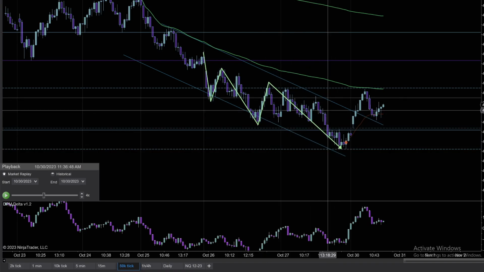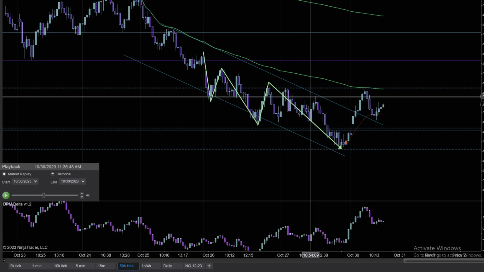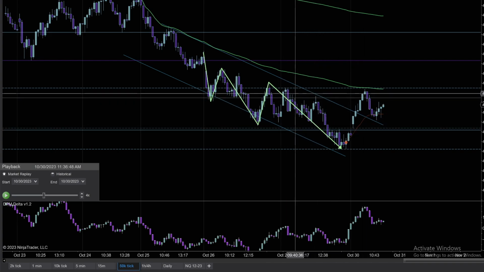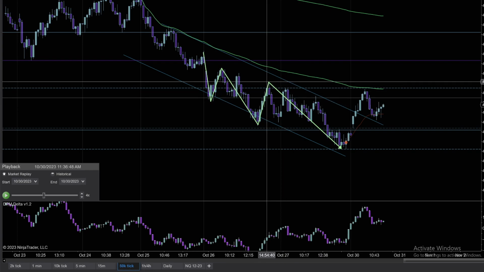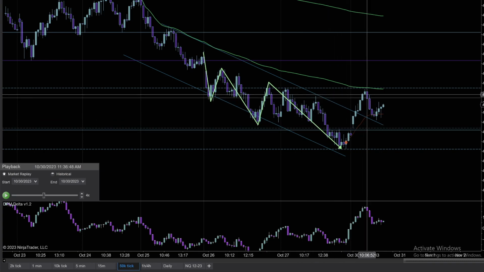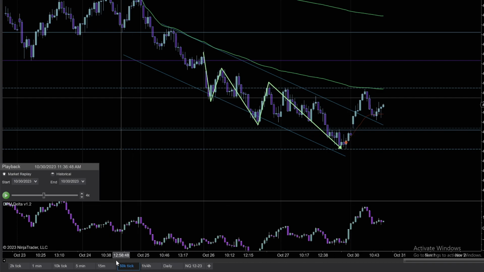So all of this stuff in here, including this little bit of structure that we did break, was actually internal structure. It wasn't the more major structure, which was up here. So technically the downtrend of this higher time frame is still intact. So we need to still keep ourselves open to short setups, even though we did have this strong bullish push. So that's some of the overall higher time frame narrative that I'm looking at here as I'm watching this trade set up.